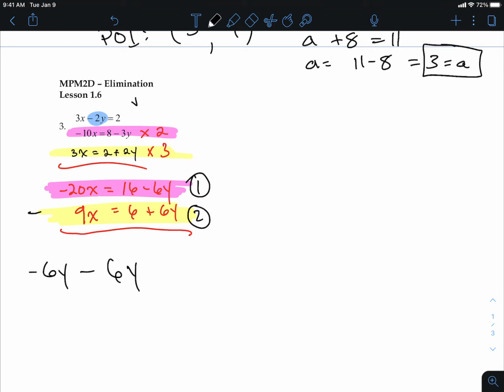You just add it. Okay, what would this equal? This would be negative 12. That's not what I was trying to do. But if I decided to add the two equations together, I get negative 6 plus 6y is 0y. That looks like a 6. So what I mean by make a decision around what you're going to put here. If you're going to subtract or if you're going to add.